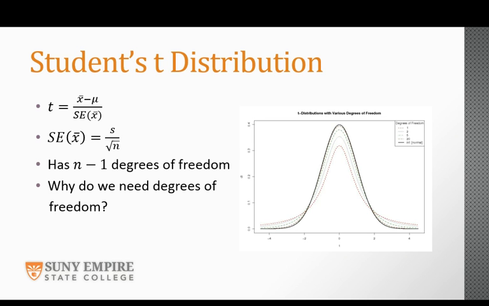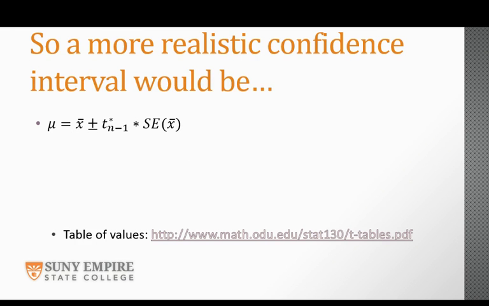So how do we create a confidence interval using t-scores? Our small sample confidence interval for the population mean mu will be the sample mean x bar plus or minus a critical t-value multiplied by the standard error.